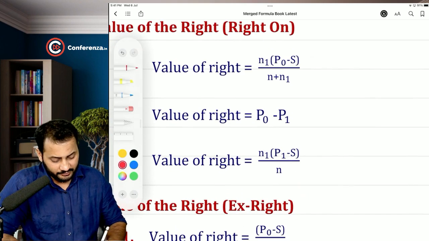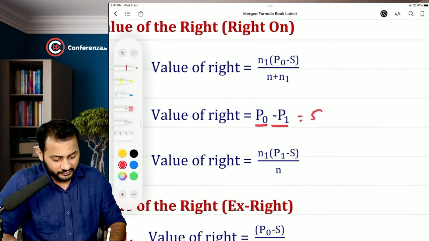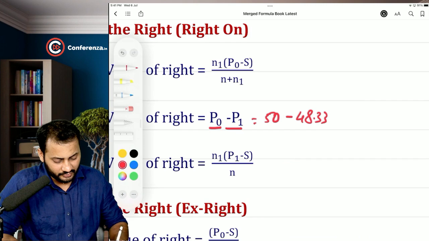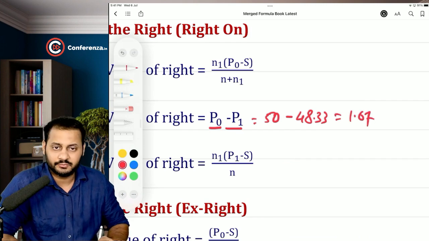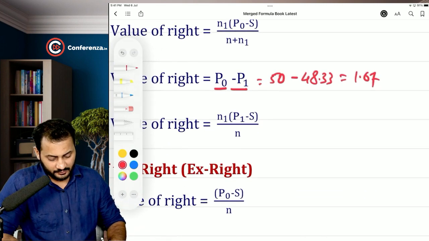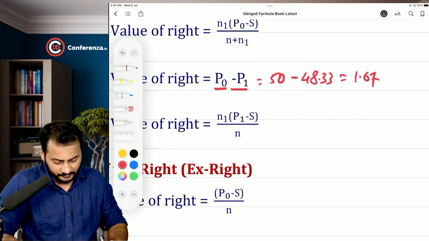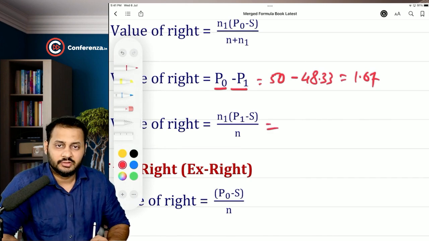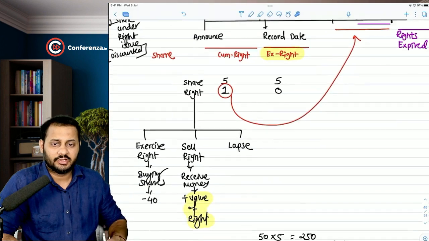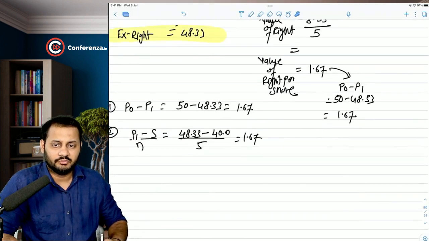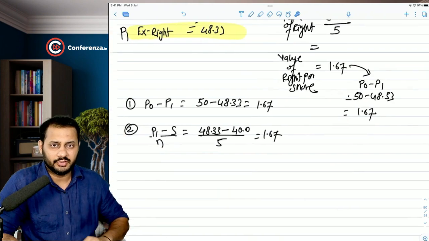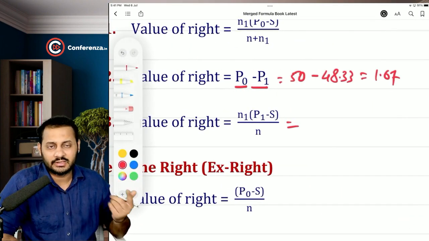Value of right is very simple. First of all, I talked about this 50 minus 48.33. It was giving us 1.67. True. Then I came up with another formula, that was this, P1 minus S divided by N, number of share, and multiplied by N1. In the beginning it was 1 only in our case, that's why I didn't take it.